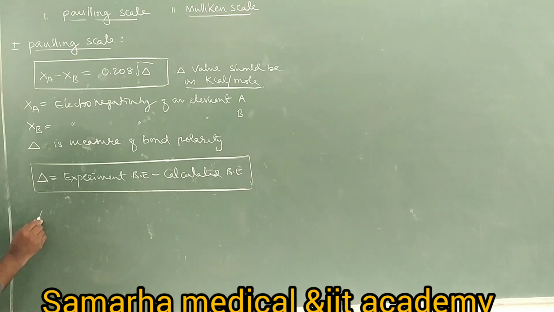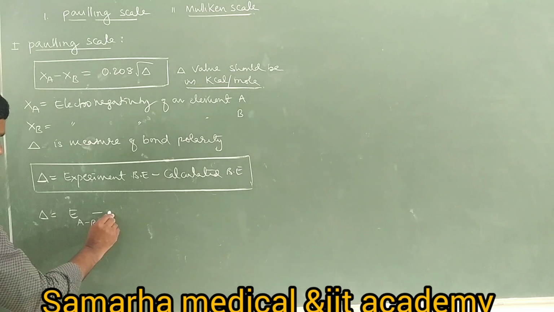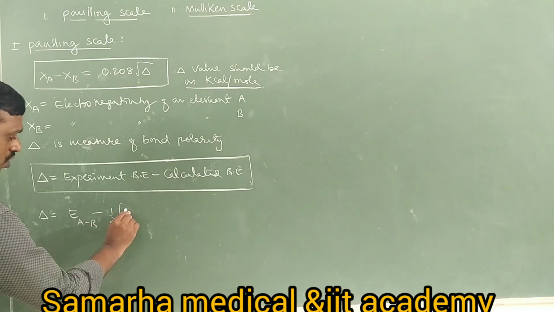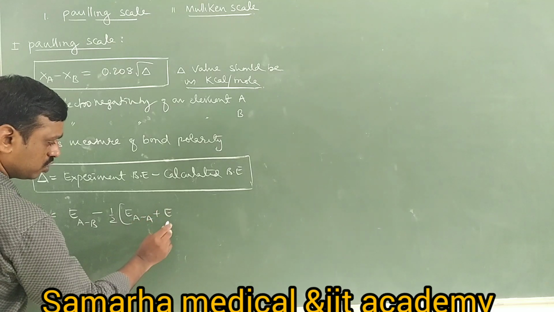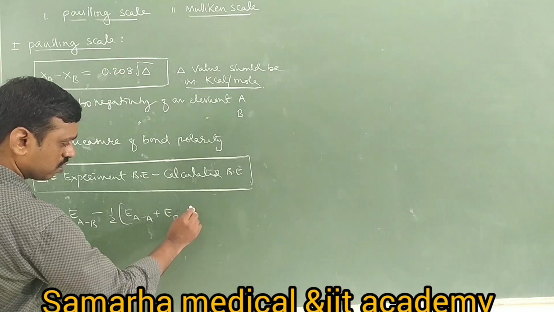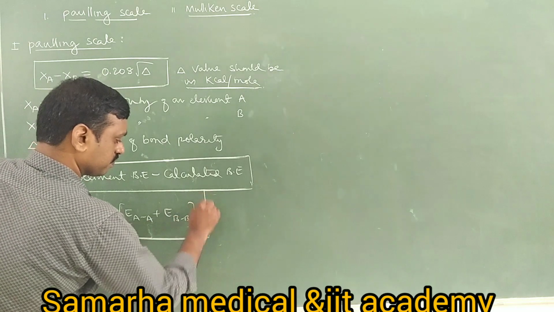Next, there is another formula also. Delta equals the bond dissociation energy of the AB bond minus half into the bond dissociation energy of the AA bond plus the bond dissociation energy of the BB bond. So this is also one formula to calculate delta.